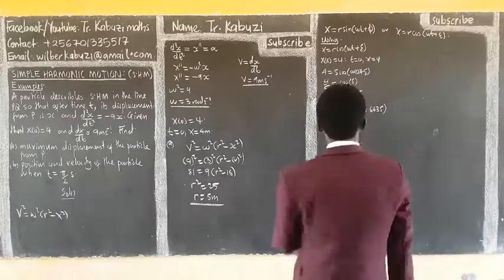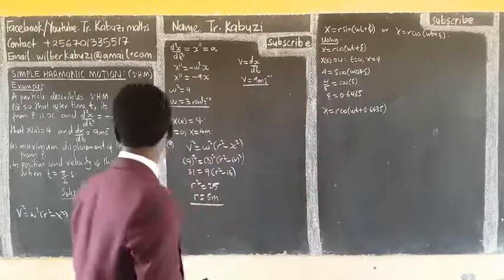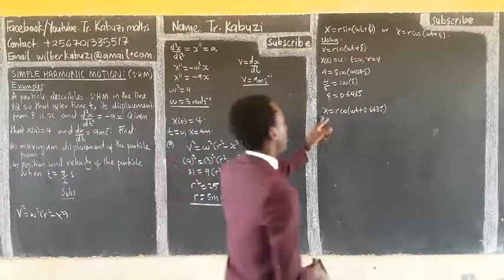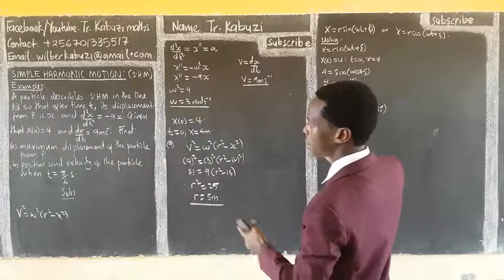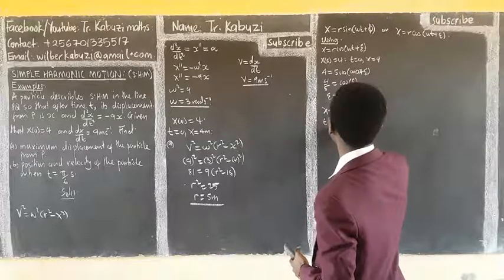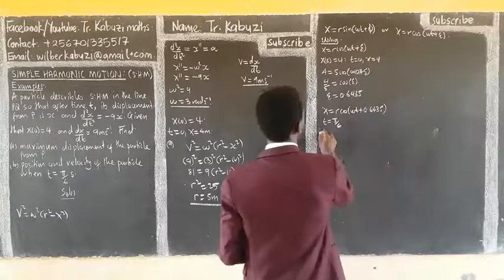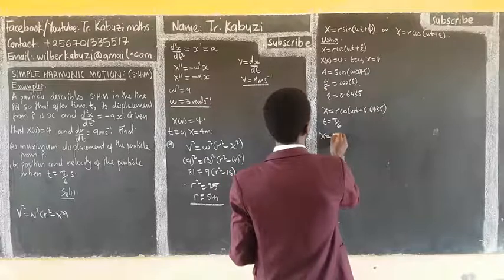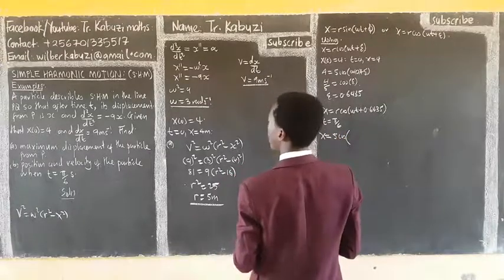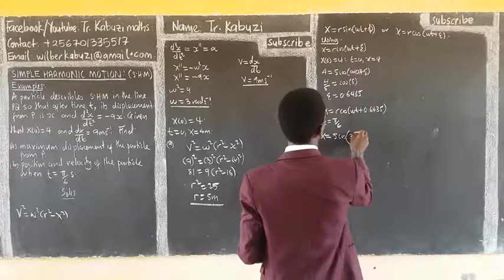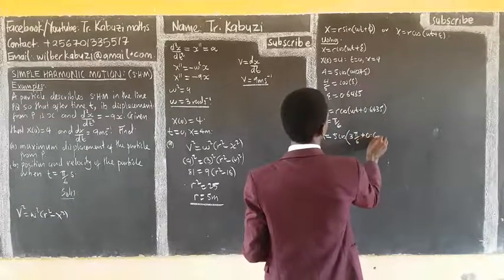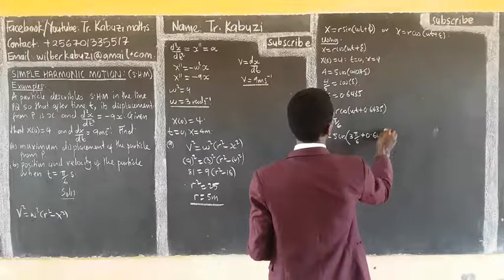So now I need to get the displacement, the position. When t is 5 over 6, now we can get our displacement. So this is going to be 5 cos, now our omega is 3, then 5 over 6, then plus 0.6435.